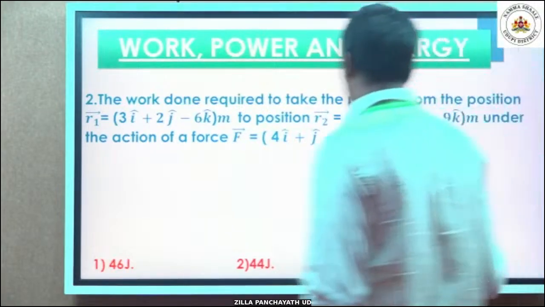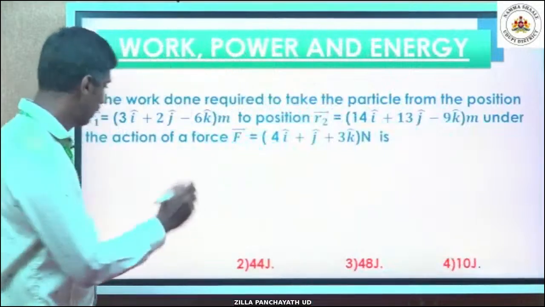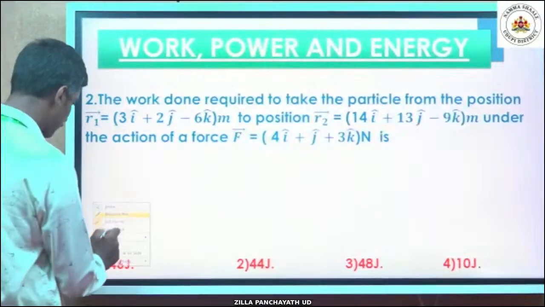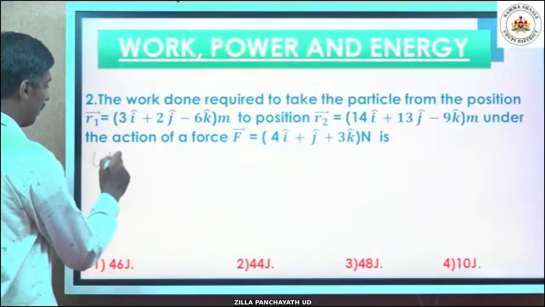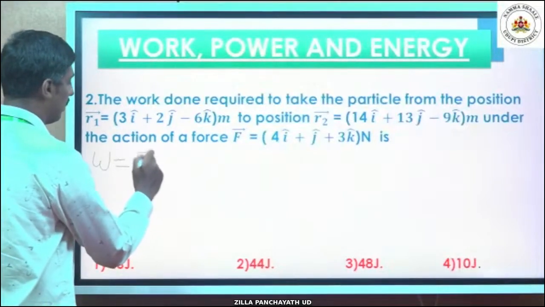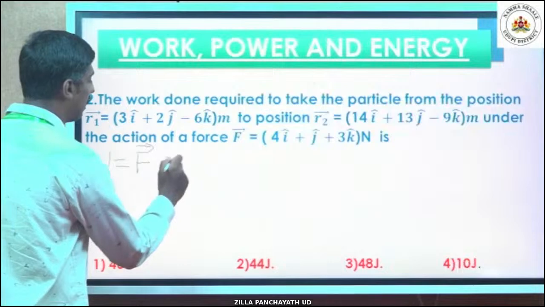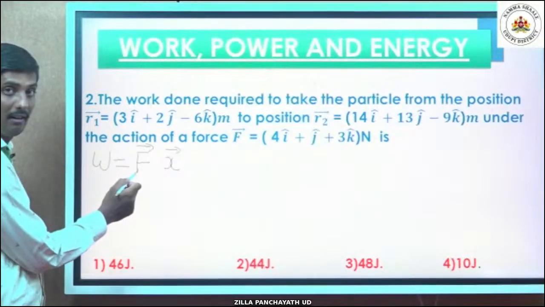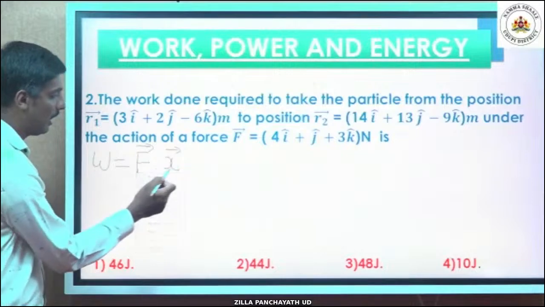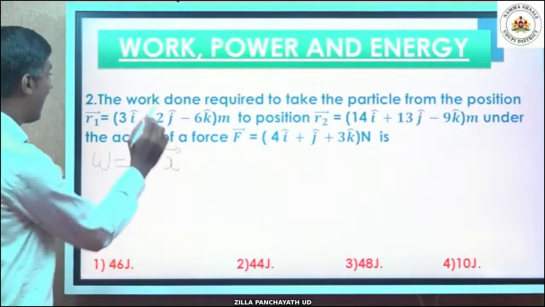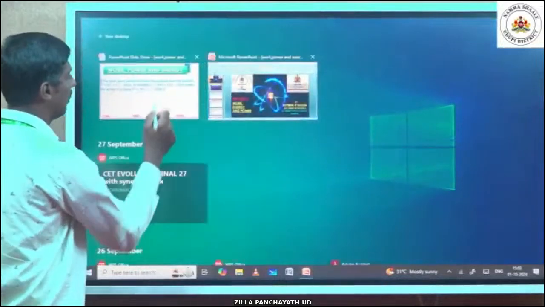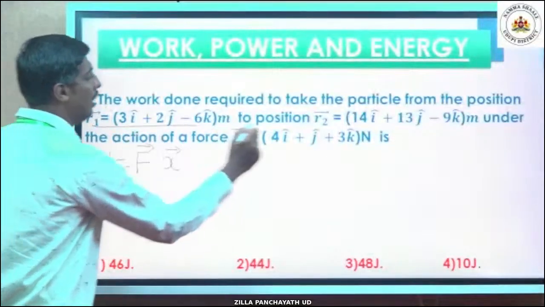Once again, work done equals F dot x, where F is the force and x is the displacement. Now he is asking the work done required to take the particle from the initial position to this final position.